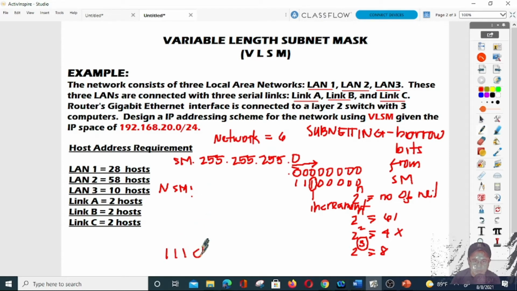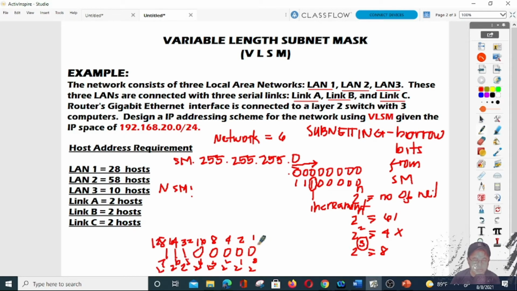we should always remember the positional value. The positional value of these 8 bits is 2 raised to 0 is 1, 2 raised to 1 is 2, 2 raised to 2 is 4, so 1, 2, 4, 8, 16, 32, 64, and 128. That is the positional value of these 8 bits, up to 2 raised to 7.